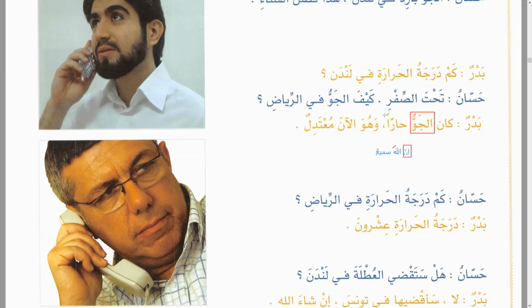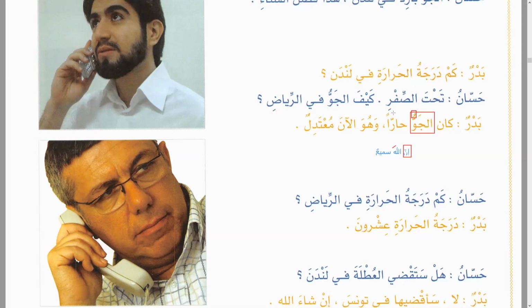Notice now, inshallah, try to understand. The word after kana is called ismu kana, and ismu kana is always marfu, like the fa'il, because it is actually the fa'il itself, but it is not called the fa'il now. This is called ismu kana.